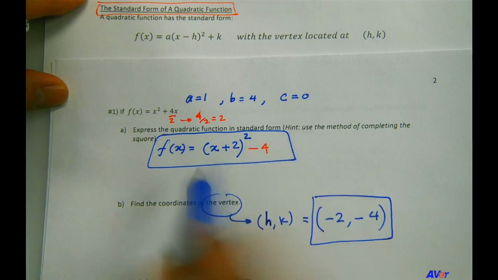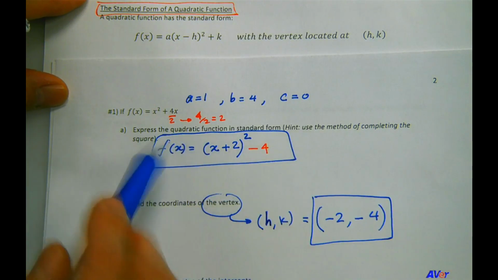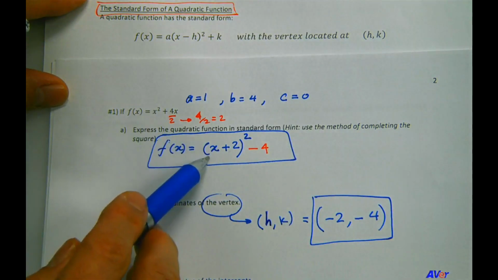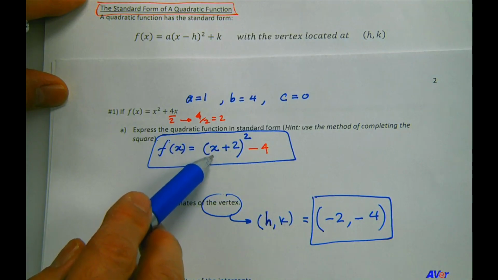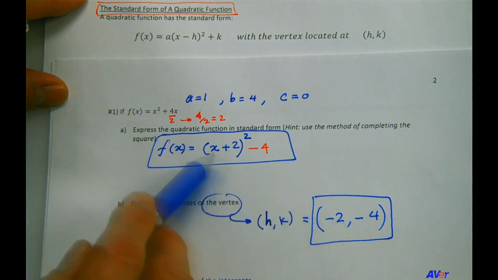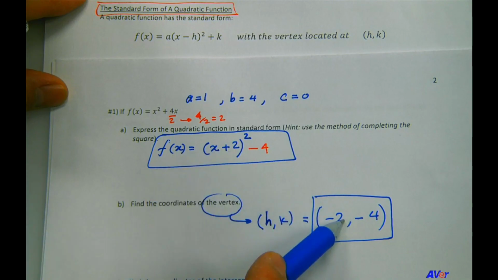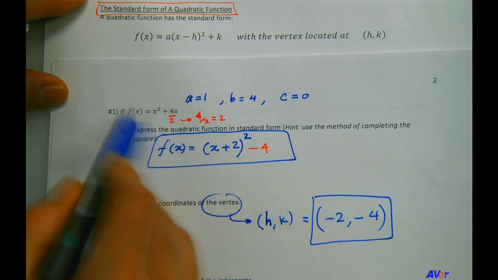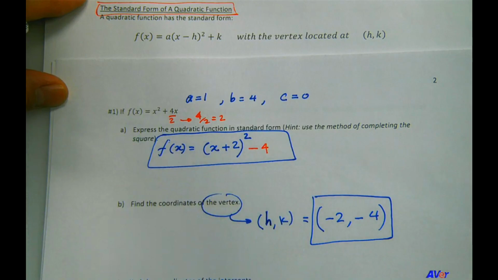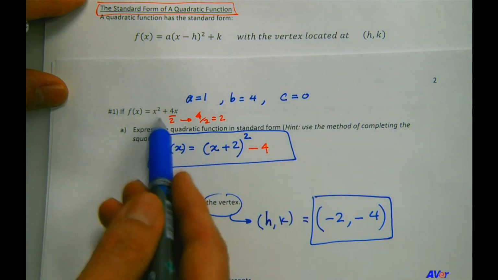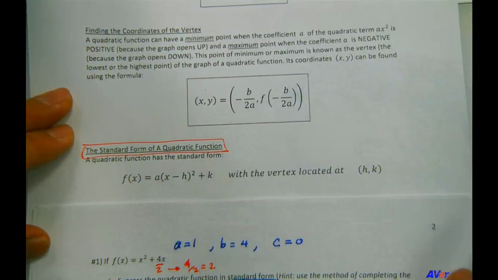So if you have the quadratic function expressed in the standard form like that, you can immediately know what the coordinates of the vertex are. But if you have your function like this and somebody asks, what are the coordinates of the vertex? You have no choice but to apply this formula.